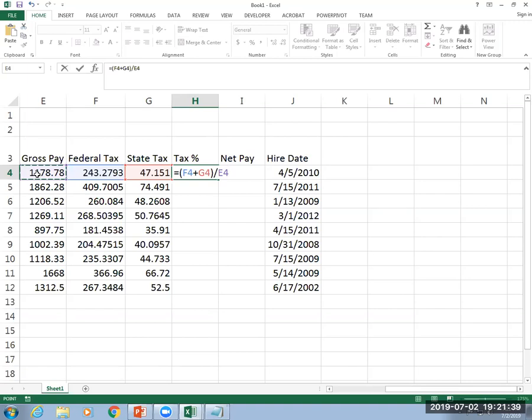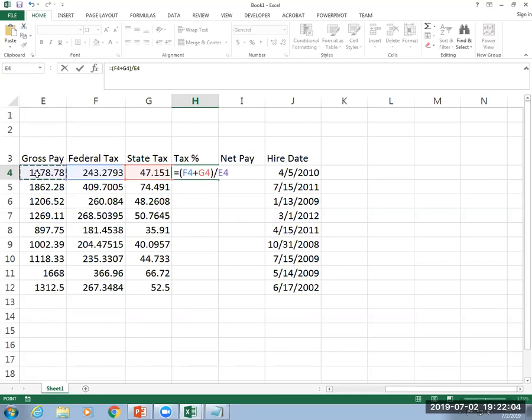The reason that you need to put in the parentheses around F4 and G4 is that if you don't, it will be F4 plus just G4 divided by E4, and not F4 divided by E4 plus G4 divided by E4, which is what we really want.